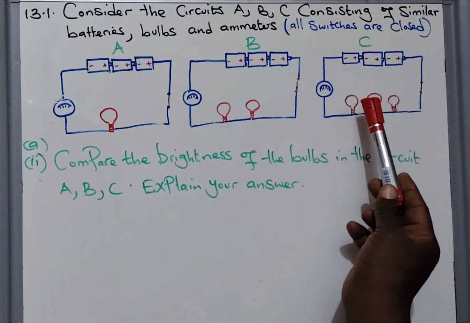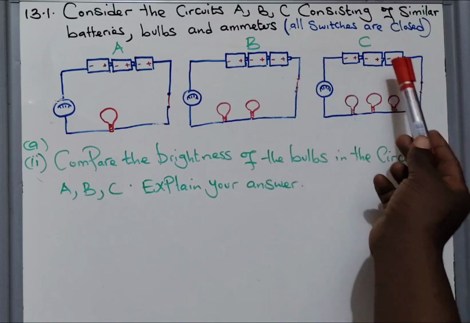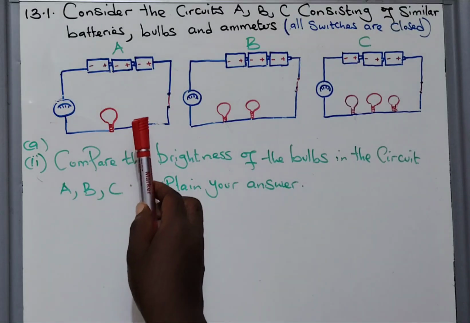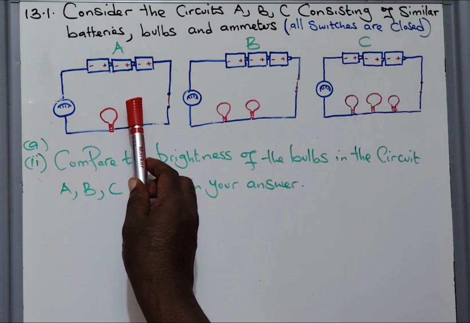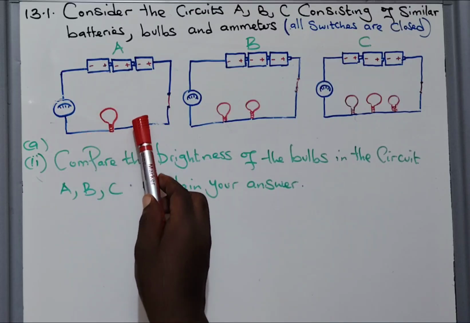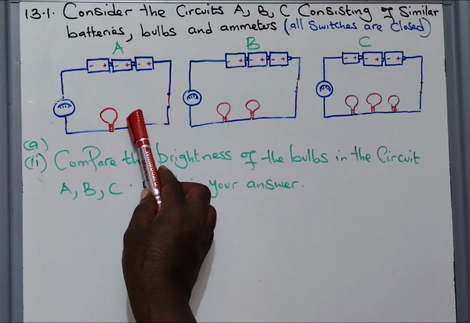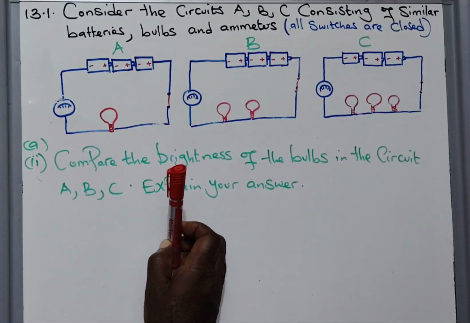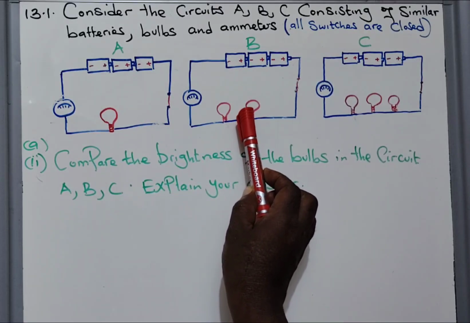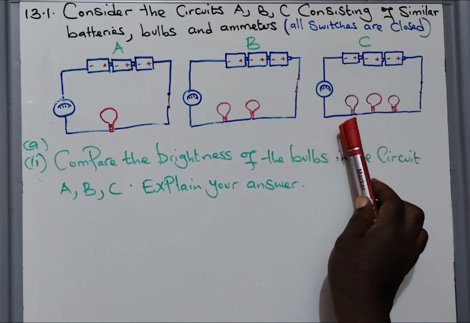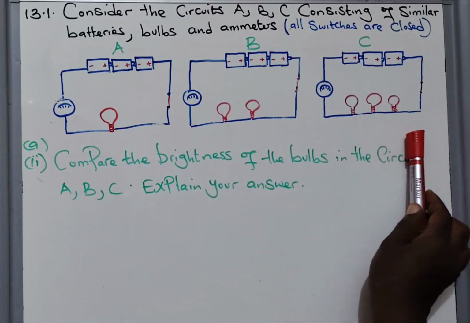In C, we have three bulbs which are in series. So how do we expect the brightness to be? The bulb in circuit A is the brightest, followed by the bulbs in B. The bulb in C will be the dimmest.